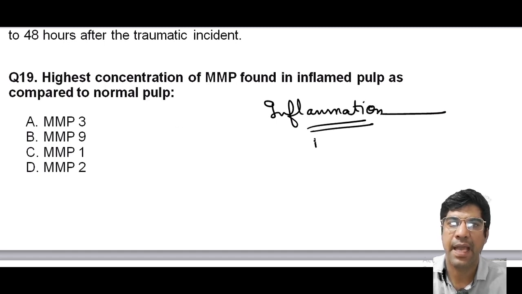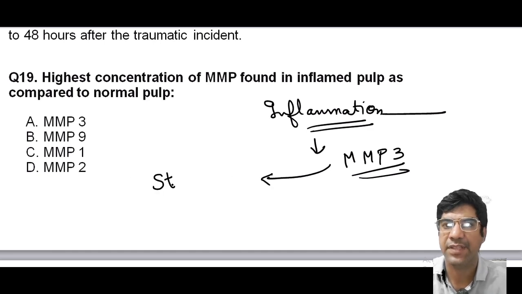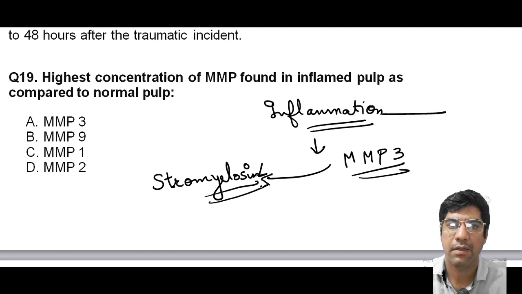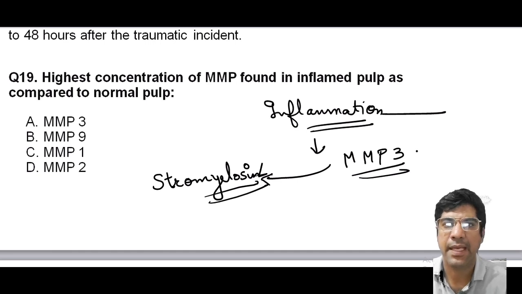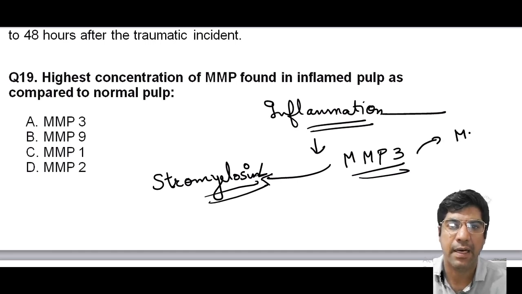Inflammation triggers an increase in production of certain MMPs like MMP3. This MMP3 is also known as stromelysin 1. So it has a unique and prominent role in pulpitis. MMP3 is known to activate other MMPs like MMP1, MMP7 and MMP9.